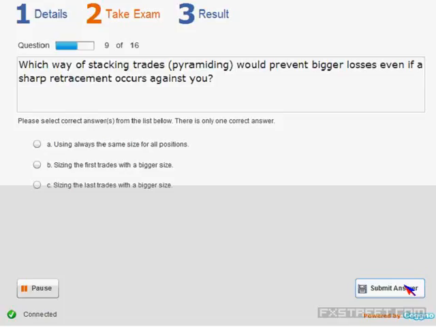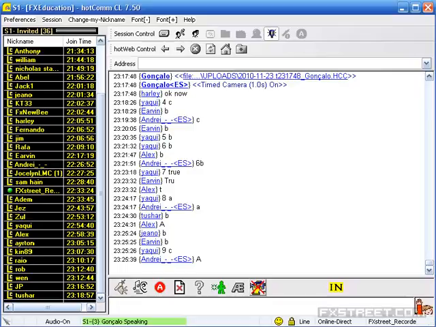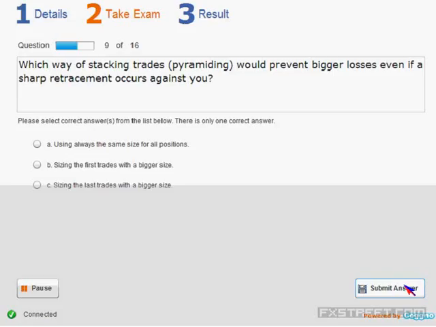You want to stack into that position until your target is hit. But imagine that during the trajectory of price, there is a retracement. So which way of stacking trades would prevent bigger losses? If you start by placing more size to the first position, those that are closer to your starting point, or those which are closer to your target.